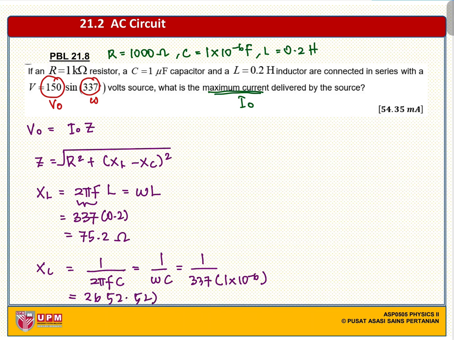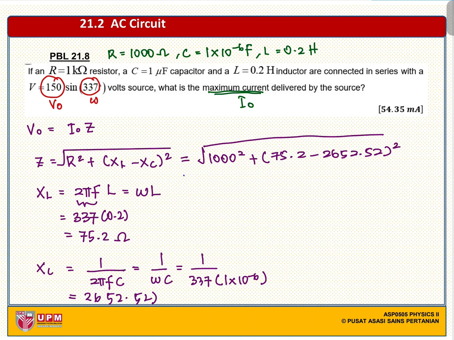And we can find your Z, which is Z equal to the square root of 1000 squared plus (75.2 minus 2652.52) squared. You will get your Z equal to 2764.52.